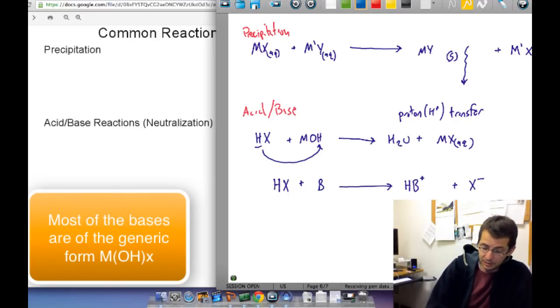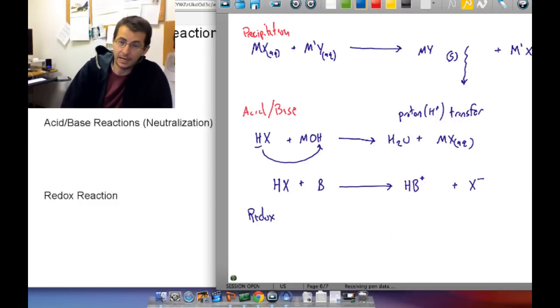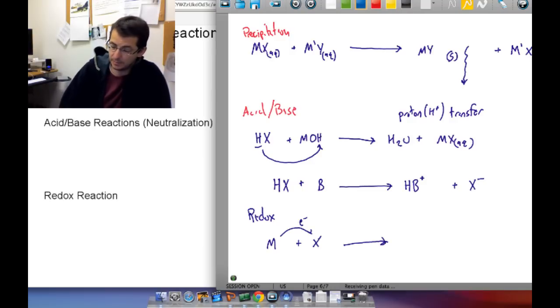And lastly, we're going to look at redox reactions. Redox reactions involve, rather than proton transfer, electron transfer. Some species is transferring electrons between components, and you end up with an electron transfer that takes place, making one thing a little more positive and another thing a little more negative.